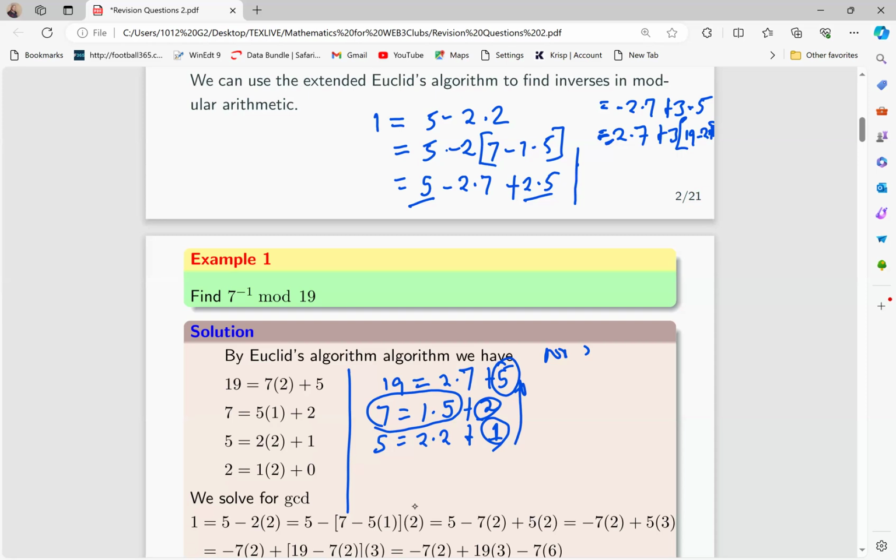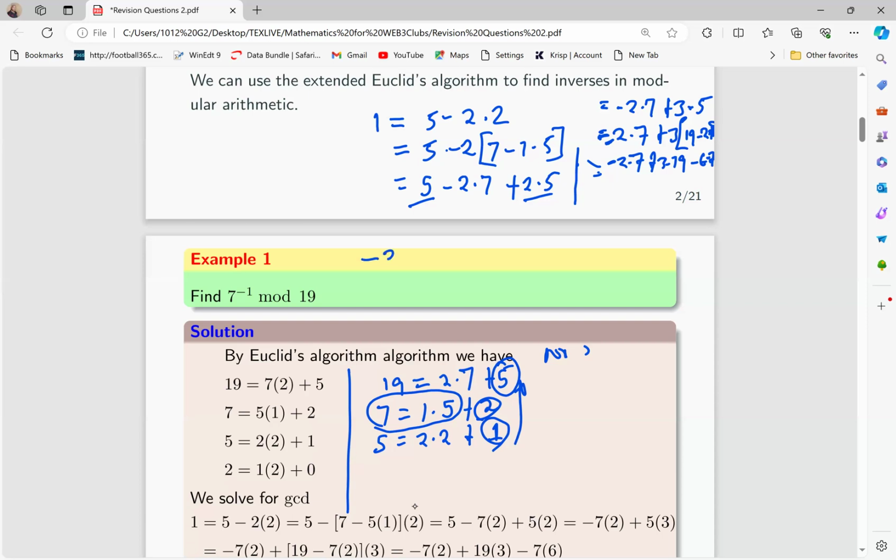Now open the brackets and you get negative 2 times 7, 3 times 19, and negative 6 times 7. Is it? Or I can write it here.